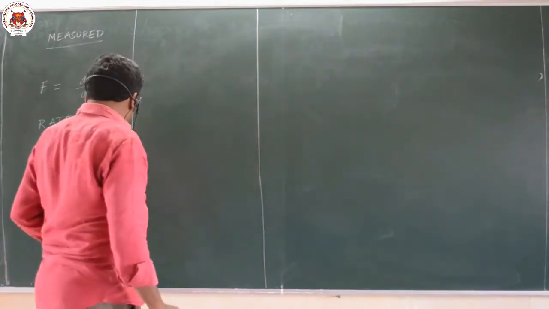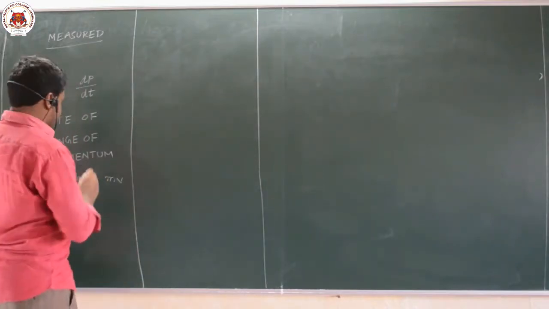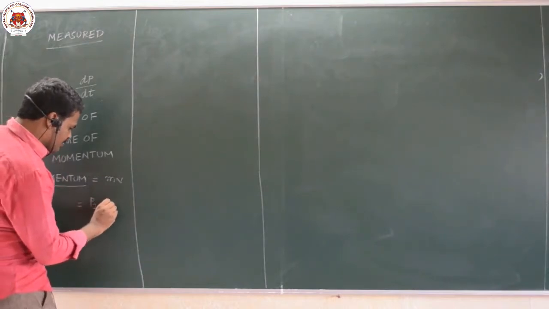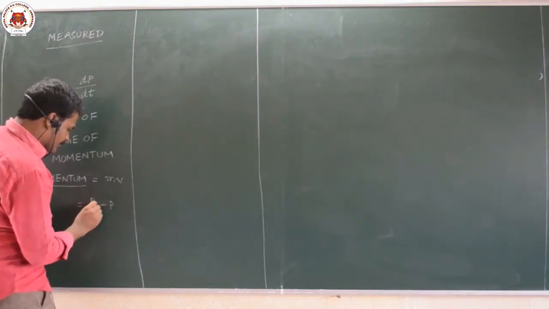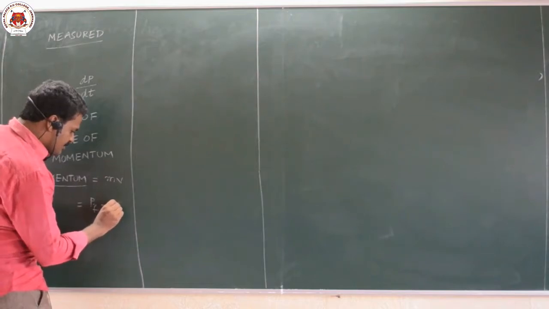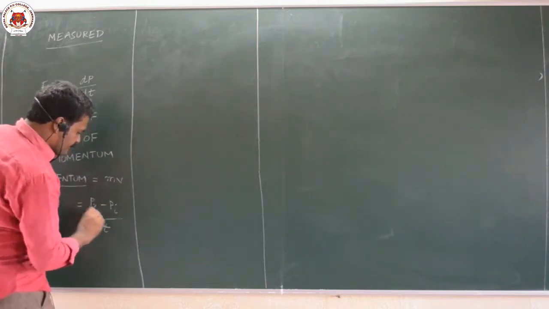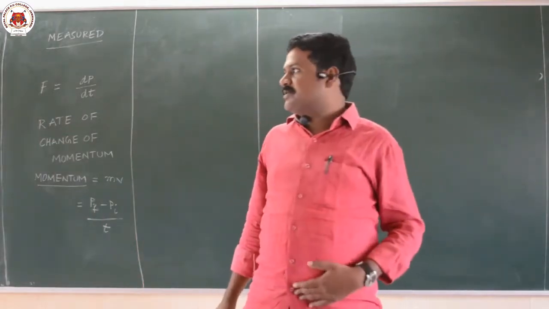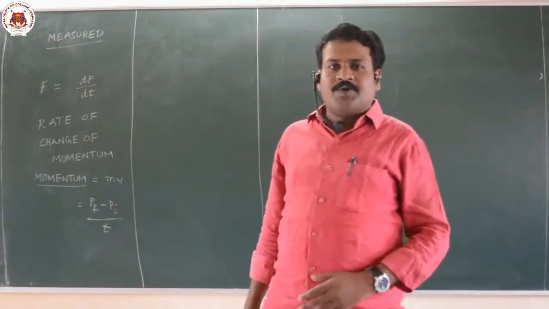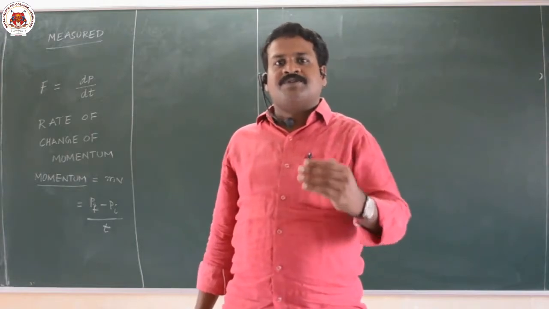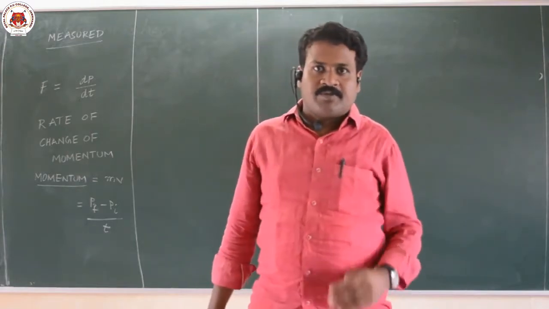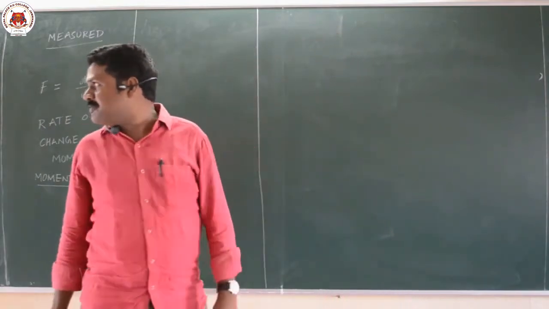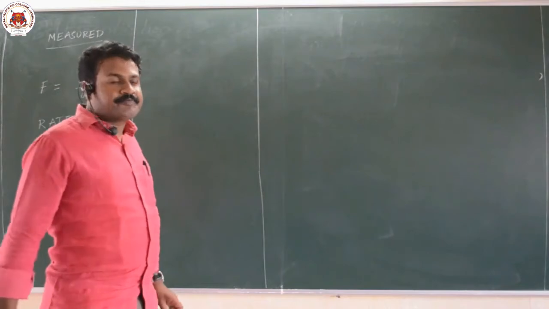And what Newton says is force is nothing but P2 minus P1, final momentum minus initial momentum, divided by time taken. That's what Newton says in his second law. According to Newton's second law, force is defined as rate of change of momentum, that is final momentum minus initial momentum divided by time taken.